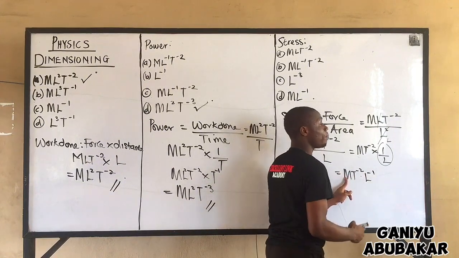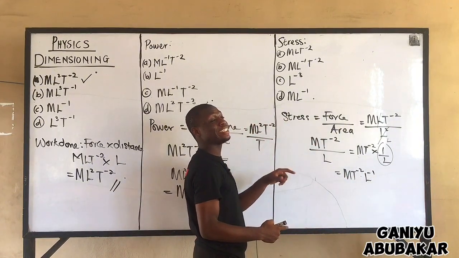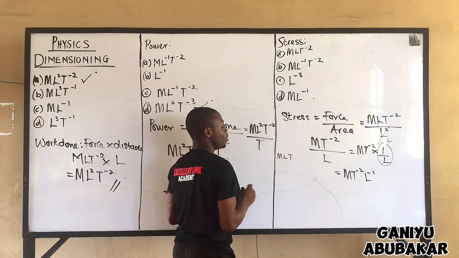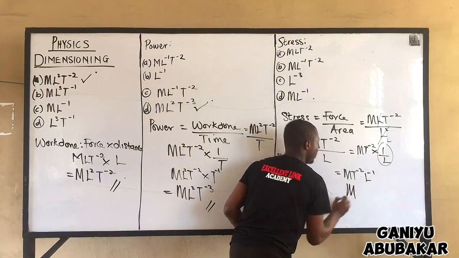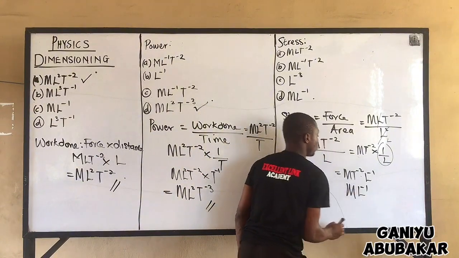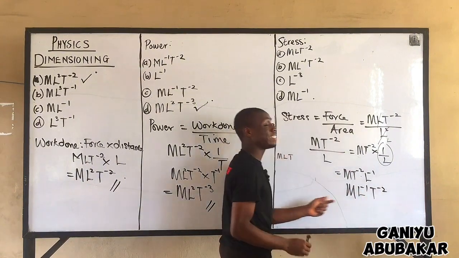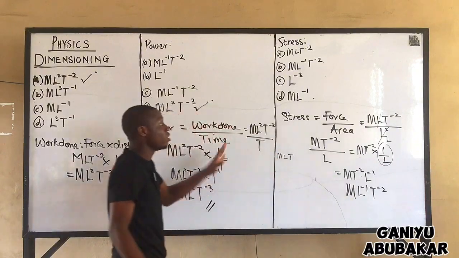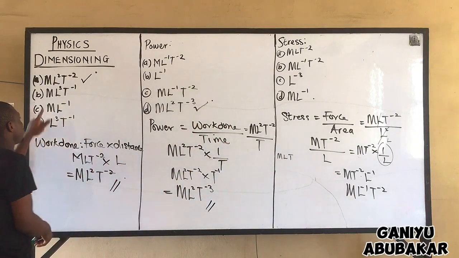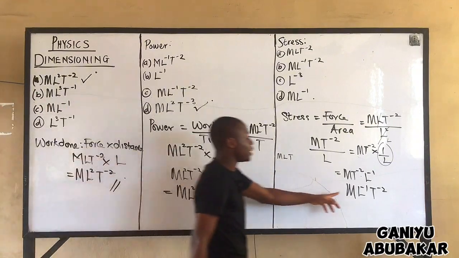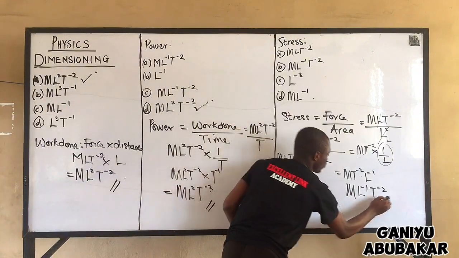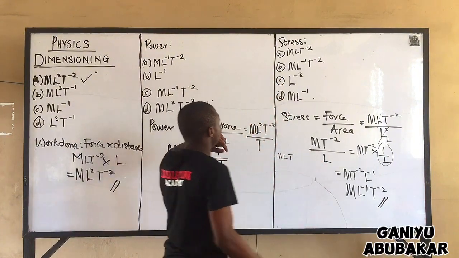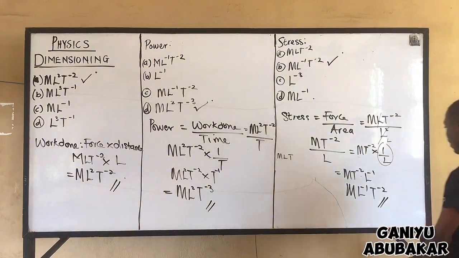The system is the MLT system, right? M comes before L before T. So I bring this back: that becomes M, next L to the power minus 1, then T to the power minus 2. So it's called the MLT system. We have other systems, but this one deals with the MLT system, so M should come first, then L, then T. So this is my answer for the dimension for stress. So what's the option there? That's option B. Option B is my answer.